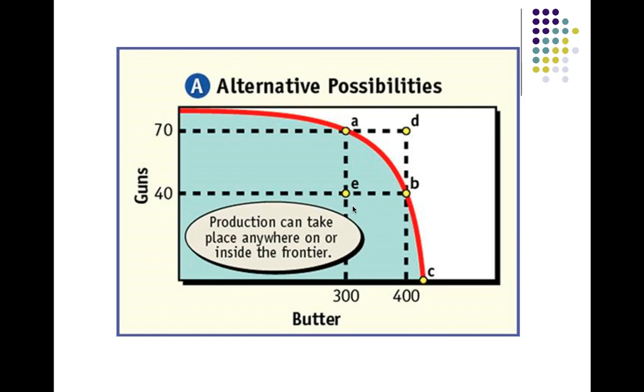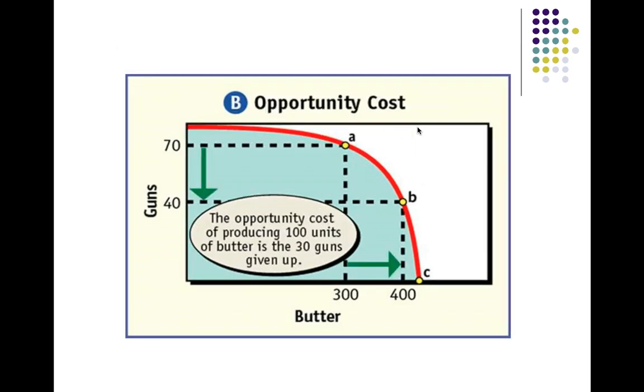And then points E and D, again, are those ones that are outside the curve. And then the opportunity cost here shows you that if you produce 100 units of butter, you're giving up 30 units of guns. Overall, the opportunity costs and the trade-offs are a combination of the production possibility frontier.